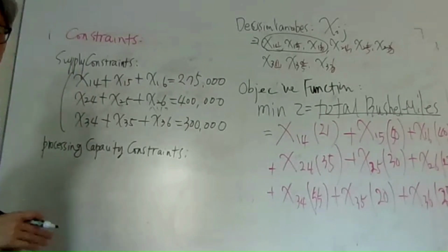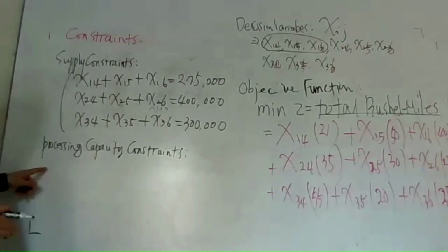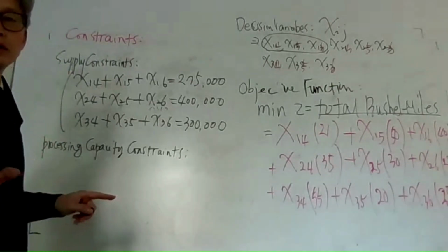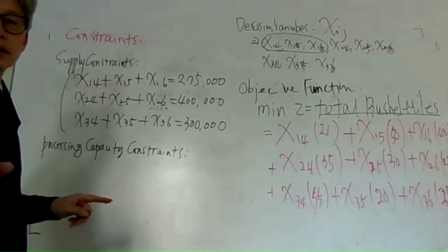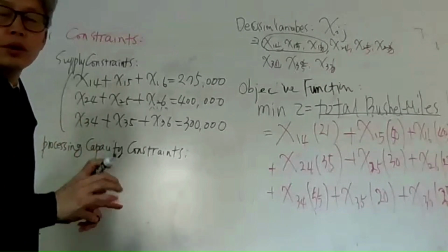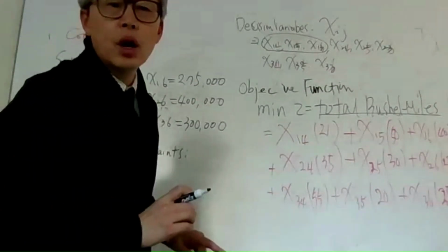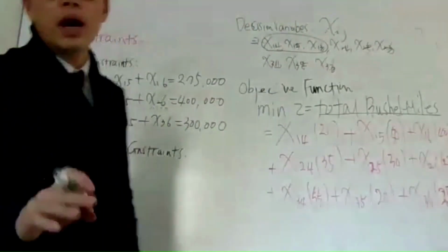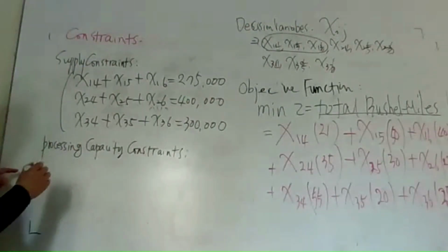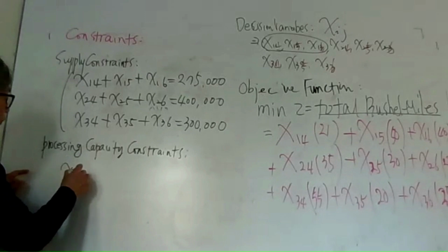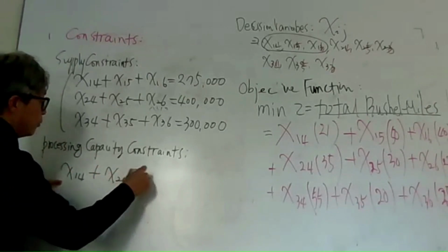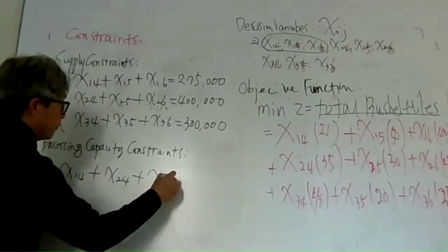Now let's take a look at the processing plant capacity constraint. The amount of bushels shipping into the processing plant, Ocala, will be x14 plus x24 plus x34.